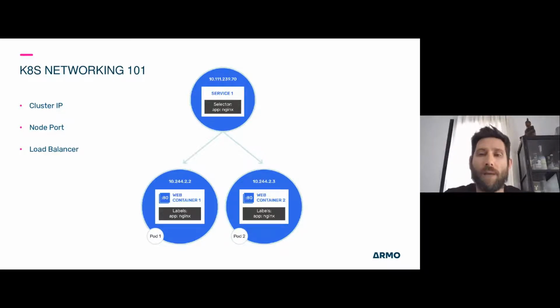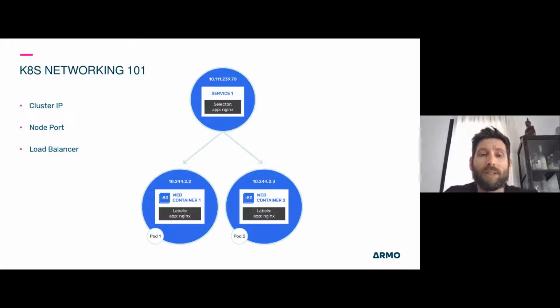It's like a virtual IP address: when pod A wants to contact pod B, it doesn't know the IP addresses of pod B, but it does know the IP address of the service that represents pod B. So it initiates a packet to service B, which will then route the traffic to the available pods according to the definition in Kubernetes.